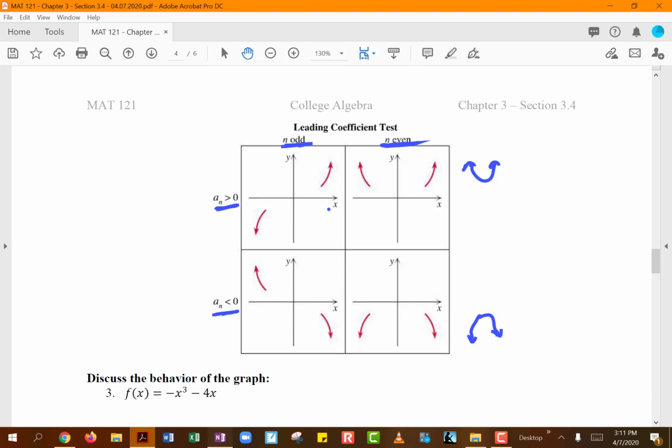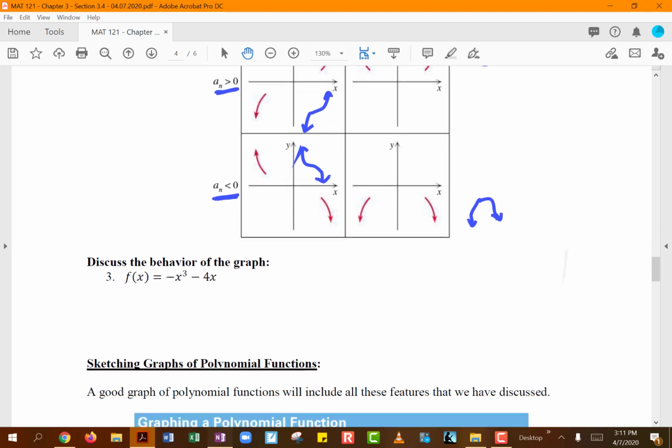So this looks like our cubed function, something like this. And then when your power is odd but your coefficient is negative, then it looks like this function. Okay, so that's what we need to talk about in terms of end behavior.